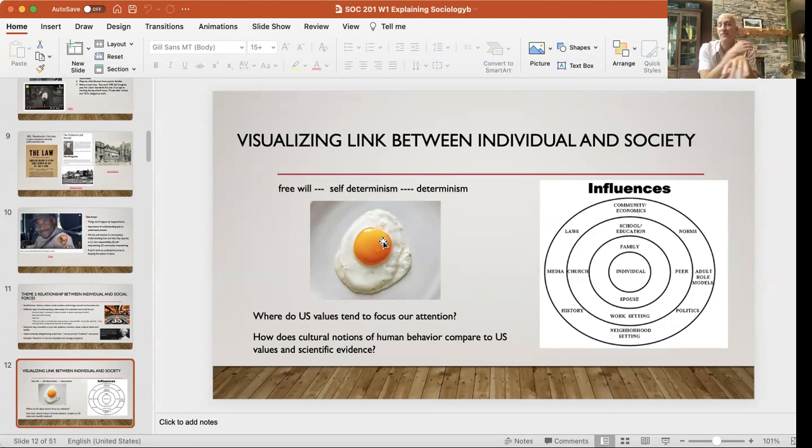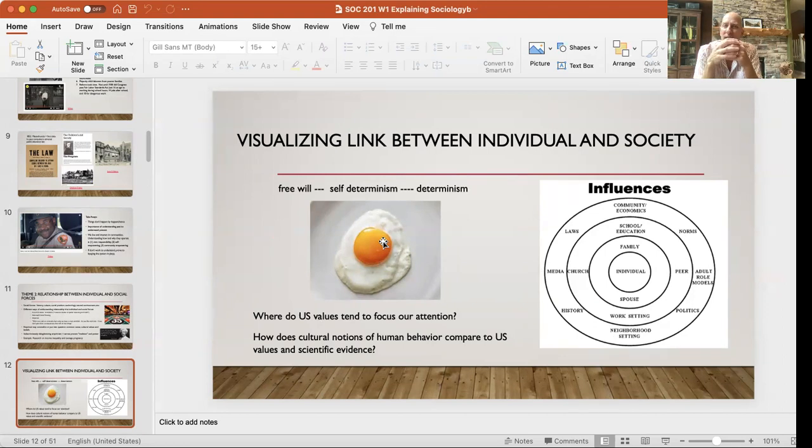One way to think about this is Matthew Novak, a psychology professor on campus, who talks with students about the egg yolk versus the egg white. They're interrelated. I like this visual because the egg yolk could be free will, and the white is determinism, the social forces, and those two are interrelated.